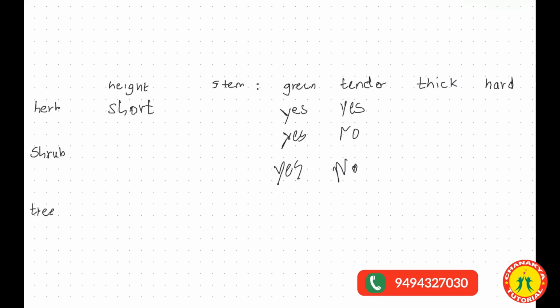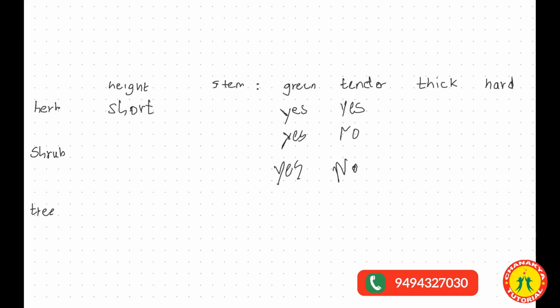Whoever says it's not hard, raise your hand. Aishwarya, I'm saying it's not hard. Okay, all right. So it's definitely not hard. It's very thin and very weak. So it is a no. Put no under hard for herbs.